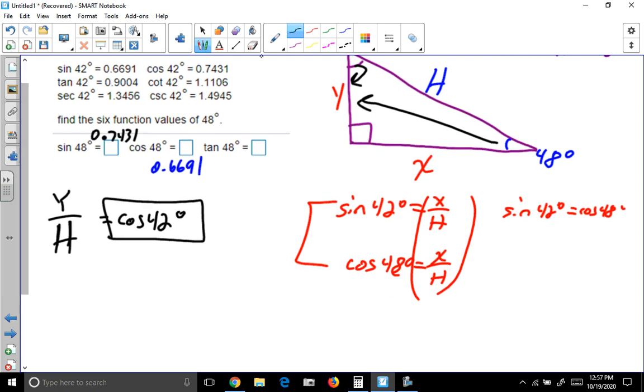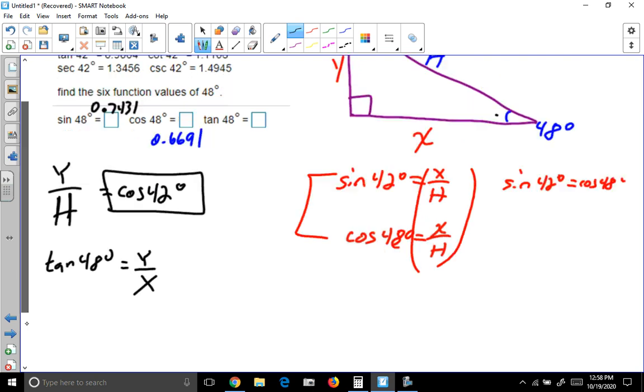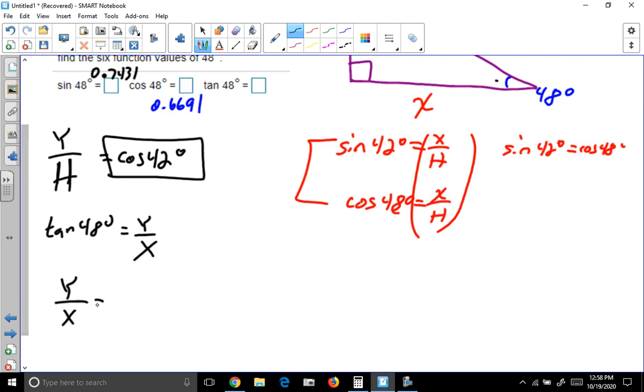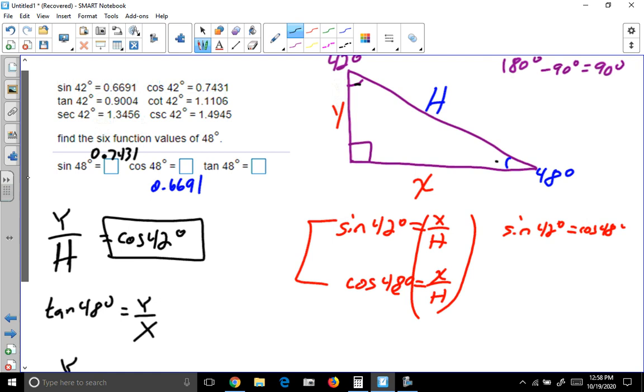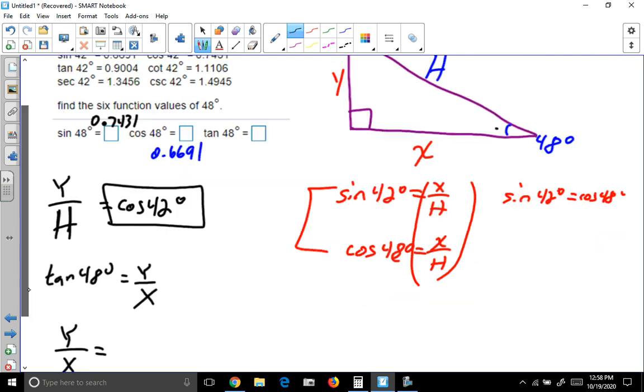Now, tangent of 48. From 48 degrees, tangent is opposite over adjacent. What about from 42 degrees? What is y over x from 42 degrees? From 42 degrees, y is adjacent, x is opposite.